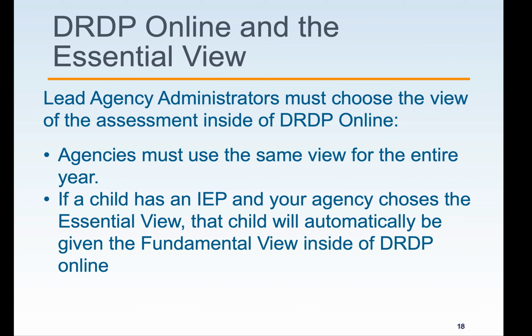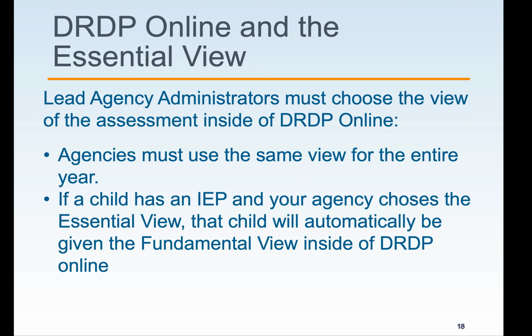All state-funded programs are required to enter their DRDP ratings into DRDP Online Data Entry System. The lead agency administrator of the DRDP Online system must choose the view of the assessment inside of DRDP Online. Once that view has been selected, that view cannot be changed for the entire school year.